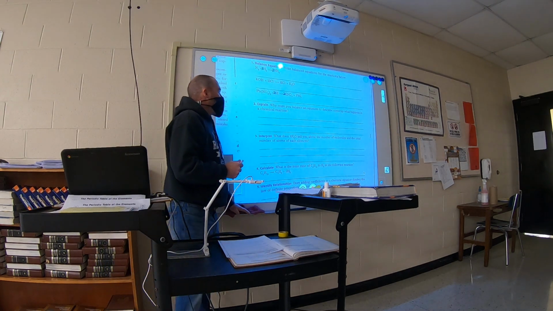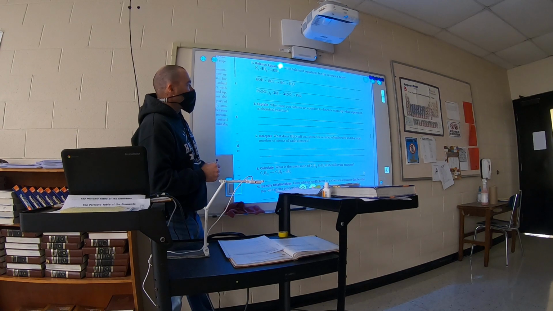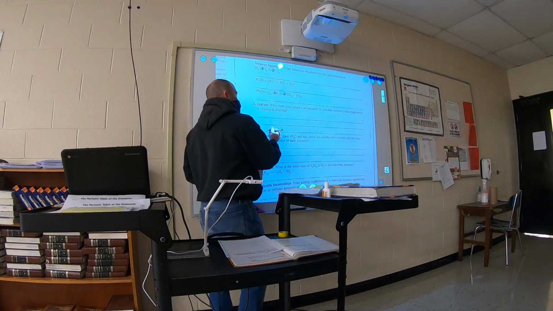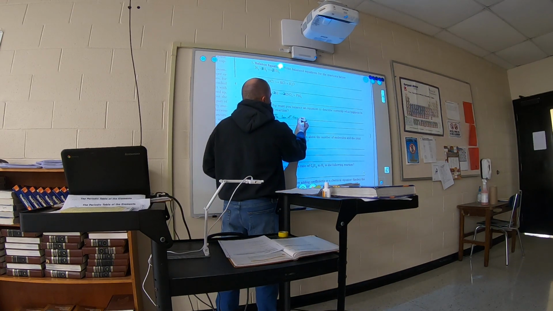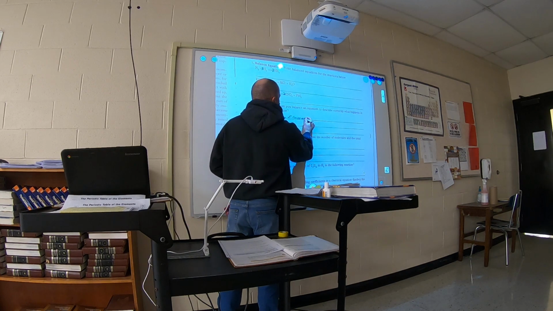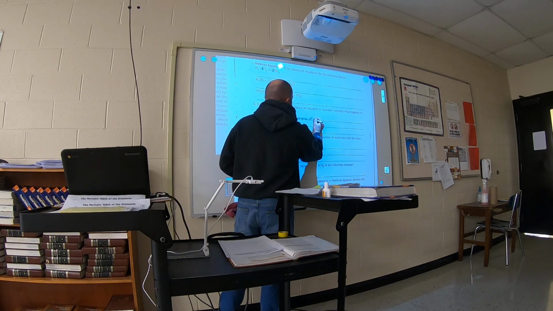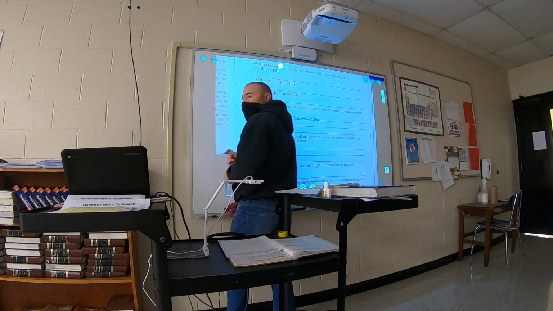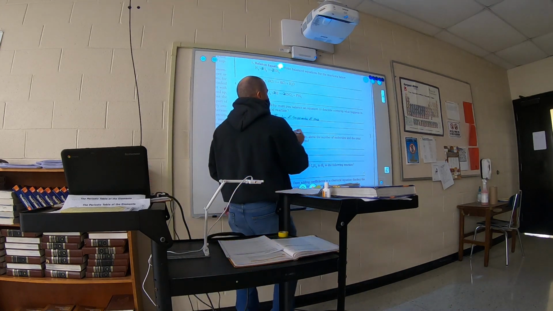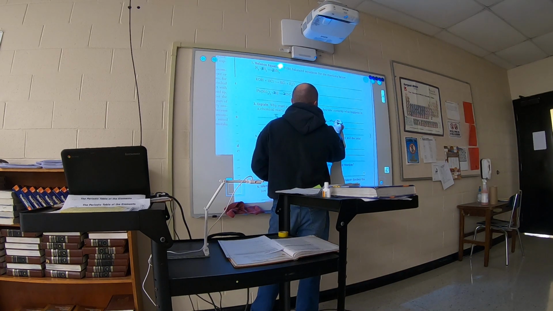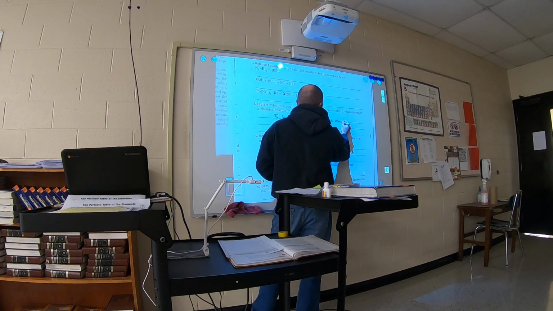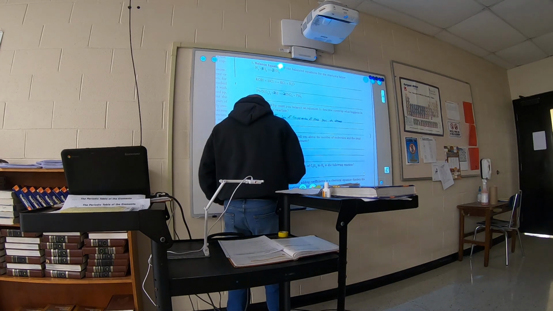Number 2, why must you balance an equation to describe correctly what happens in a chemical reaction? The law of conservation of mass. Maybe I'm going to change that.